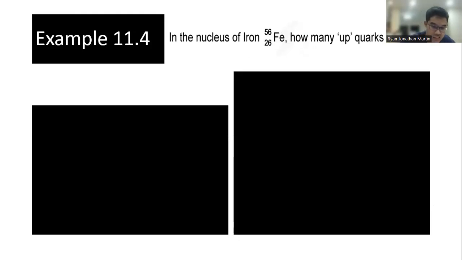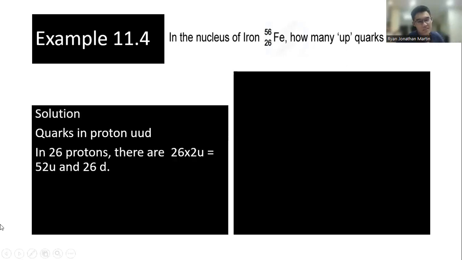Answer? 82 up quarks. Yeah, up quarks. Okay. Remember your proton is up, up, down.